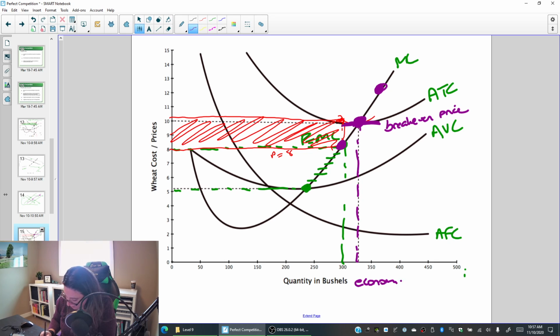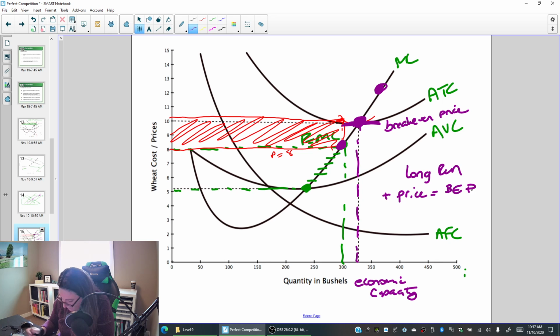That's economic capacity. So in the long run, in a perfectly competitive market, the price is the break-even price. The quantity is economic capacity.